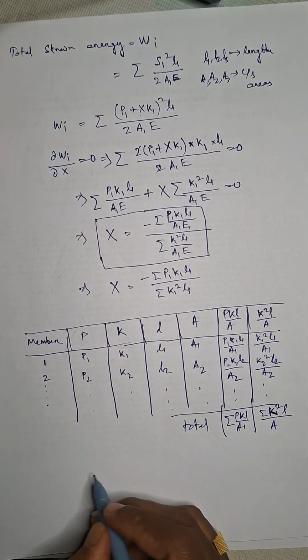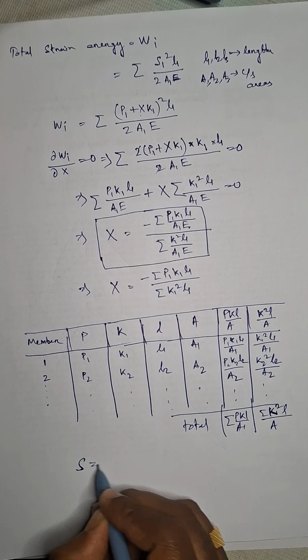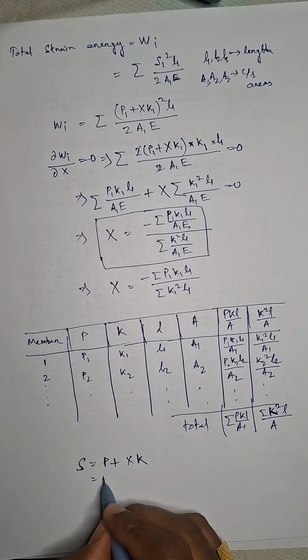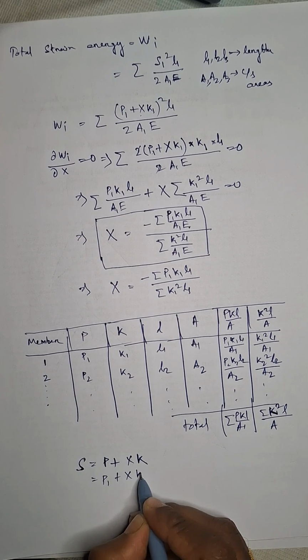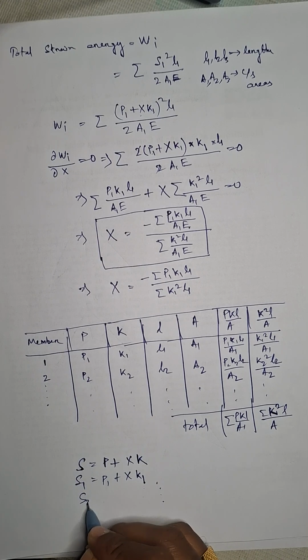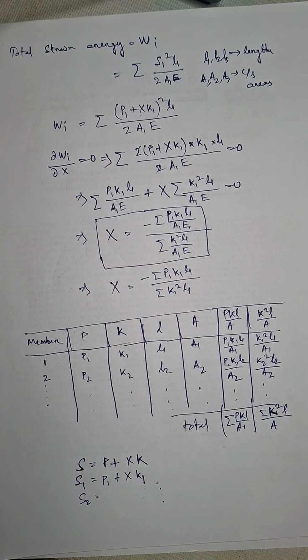After finding out X, S is equal to P plus X into K. So this will be P1 plus X into K1. Similarly, for each member S1, S2, we can get the values.